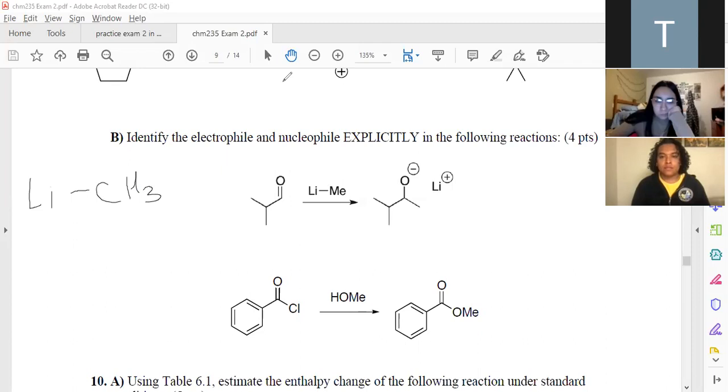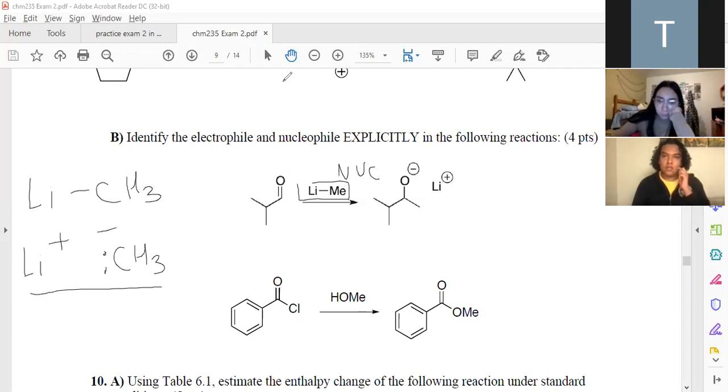But in reality, this is an Li plus, it's a cation, and then we have a CH3 with a lone pair, minus. So the lithium is acting as a countercharge to the CH3 minus, right? It's balancing it out. So you can think about this as kind of like an ionic bond type of thing. And so anytime you see a metal and a carbon compound like that, this is your nucleophile. Always, always, always. Okay?